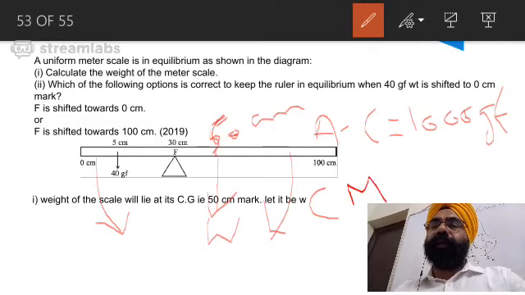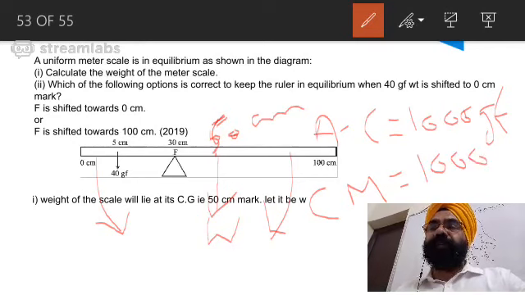My clockwise moment also should be 1000 GF centimeter. So what is the distance at which the weight of the scale is acting? It is 50 minus 30, which means 20. So 20 into W should give me 1000, which means W is equal to 50 grams.